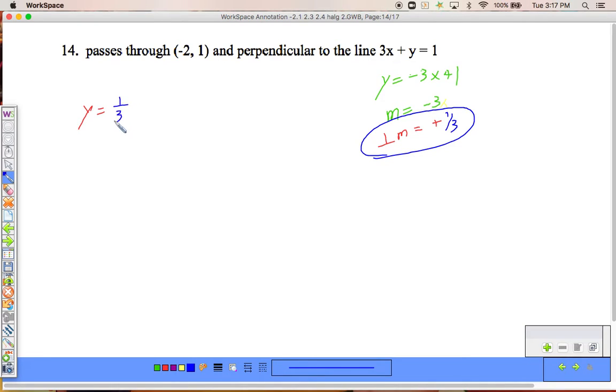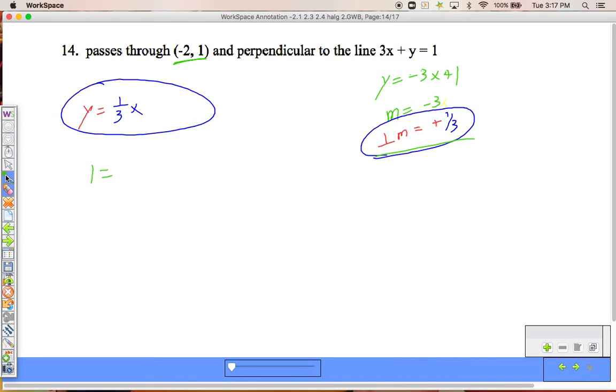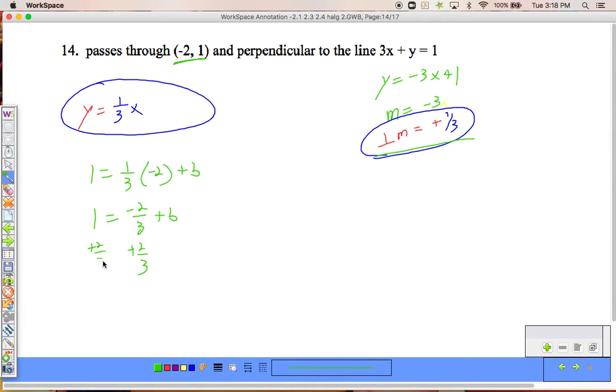So this is going to be my answer, finding my y-intercept. So I'm going to use that point and this slope. 1 equals 1/3 times a -2 plus b. 1 equals -2/3 plus b. Add a 2/3.